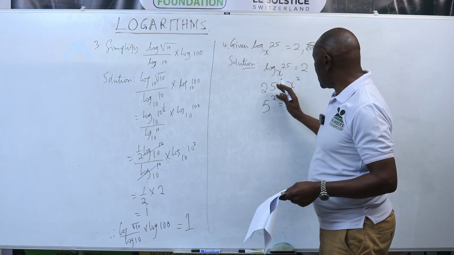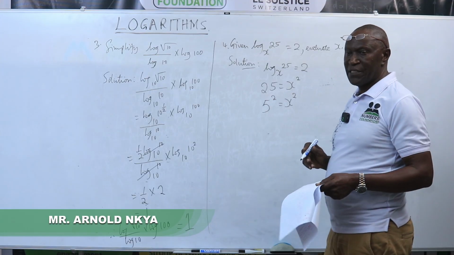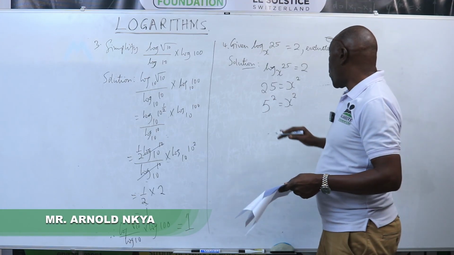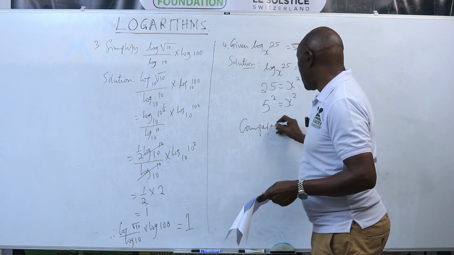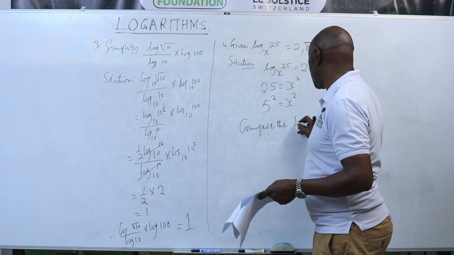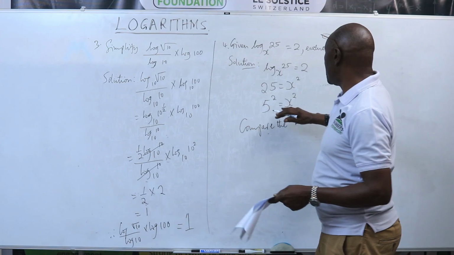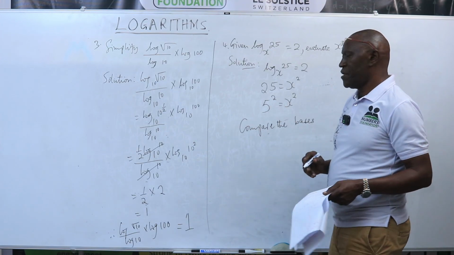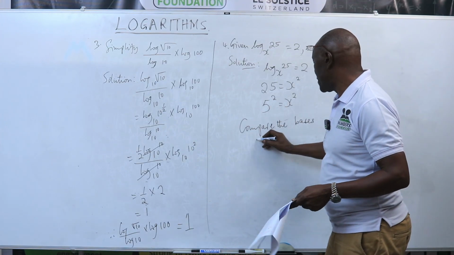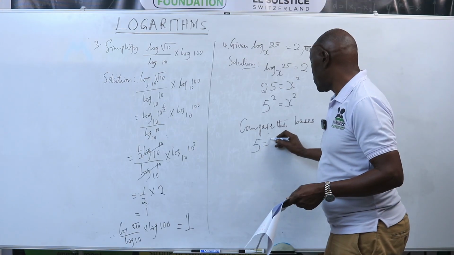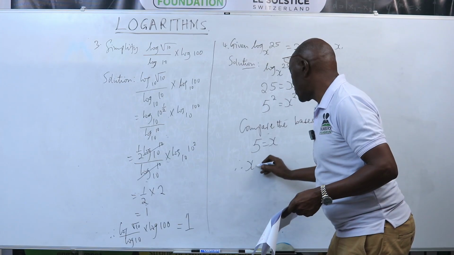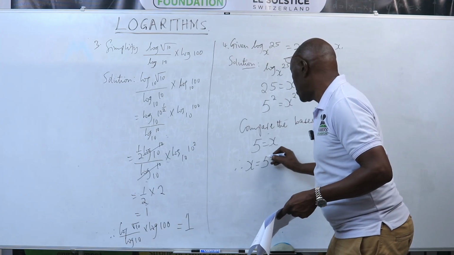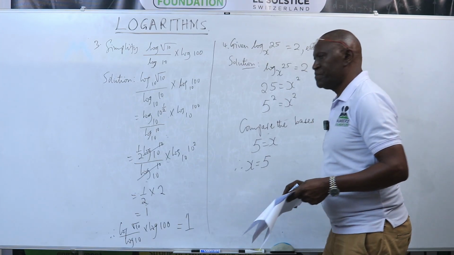And since the exponents are equal, that is, they are both equal to 2, we can compare the bases. In so doing, you'll find that 5 is equal to x. Therefore, x is equal to 5.